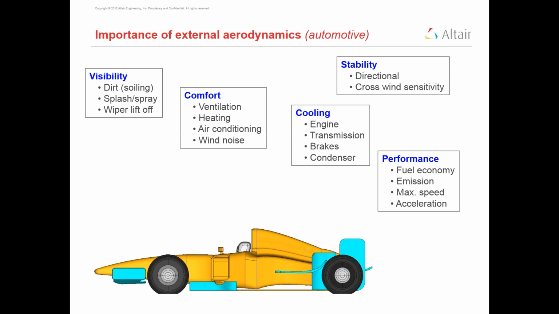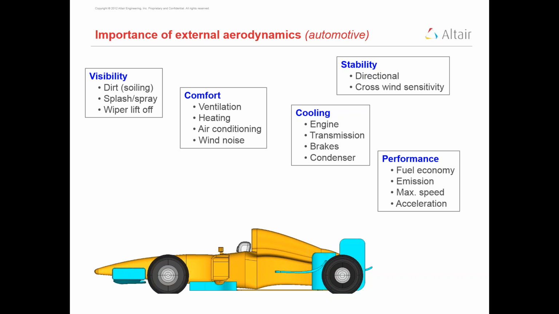So what is the importance of external aerodynamics normally? Why do we do aerodynamic analysis using software? So basically what we look after is the performance of your vehicle. The aerodynamics is of major importance in determining the performance of your vehicle, basically your car, basically anything which is moving.